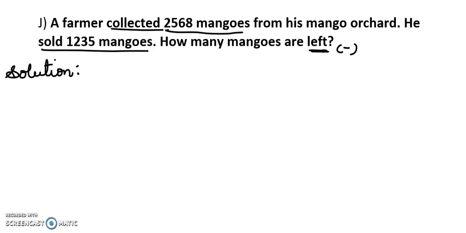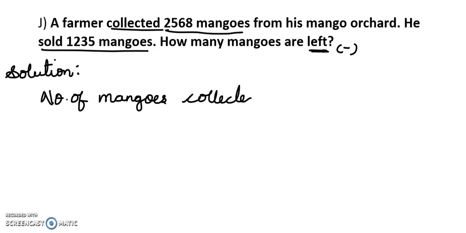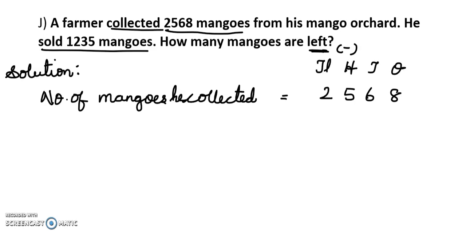First we have to write the number of mangoes collected. Number of mangoes he collected equal to 2,568. Write the place values: ones, tens, hundreds, thousands.